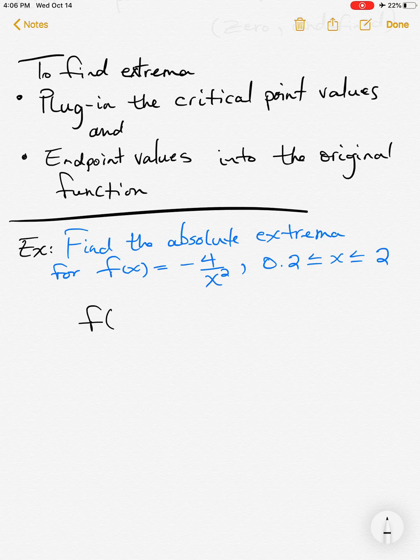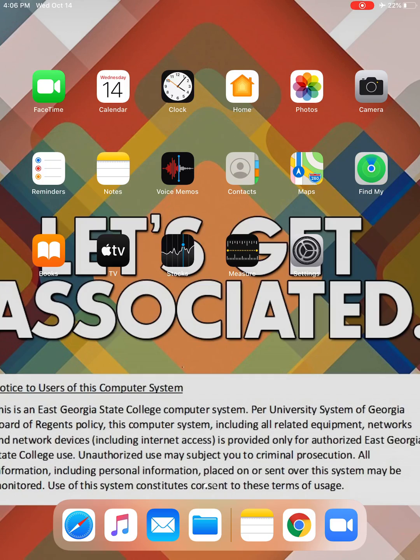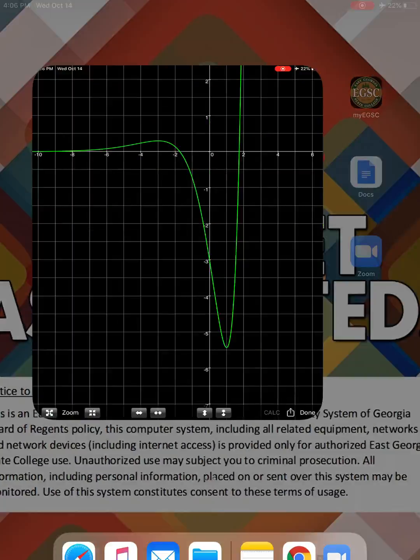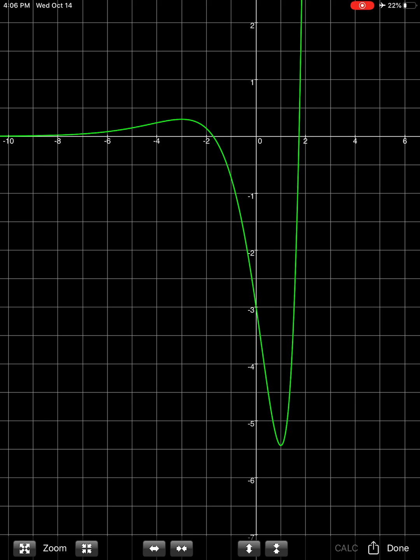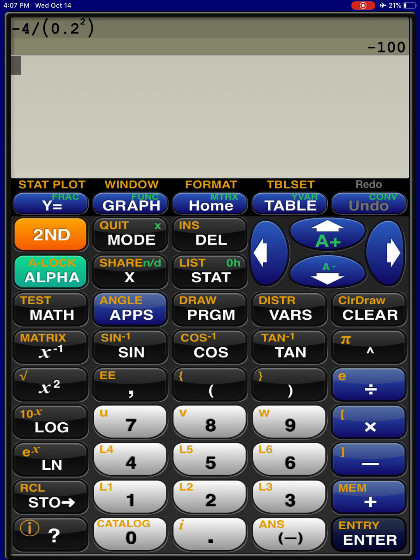So we have f of 0.2 equals -4 over 0.2 squared, and that's going to equal something. Let's just play it safe: -4 divided by 0.2 squared.